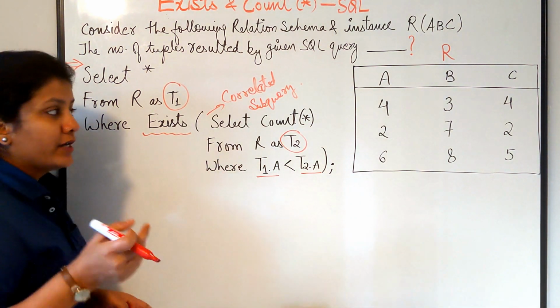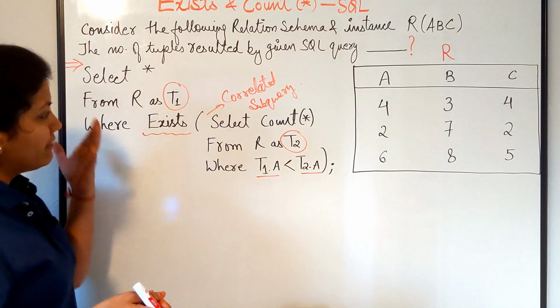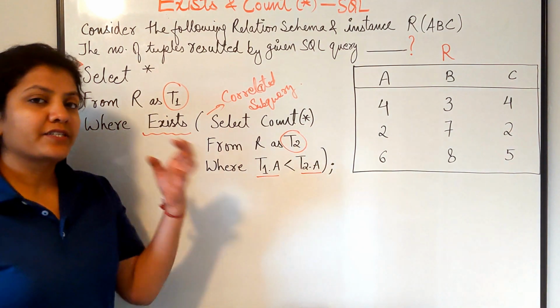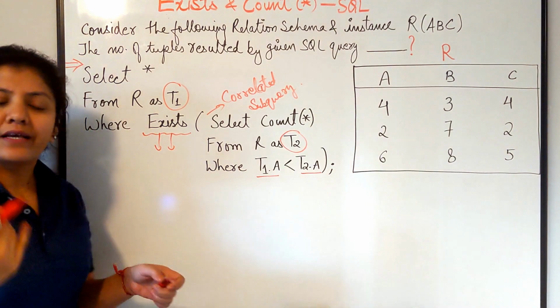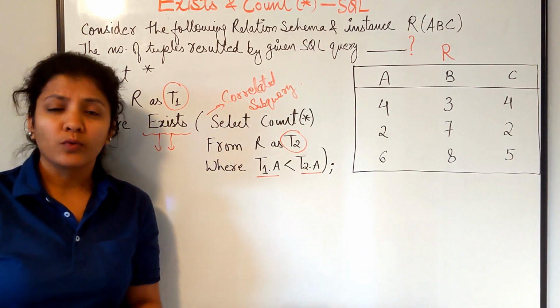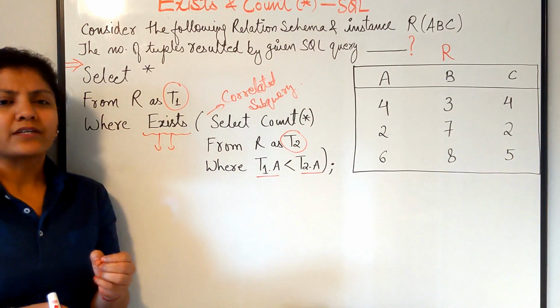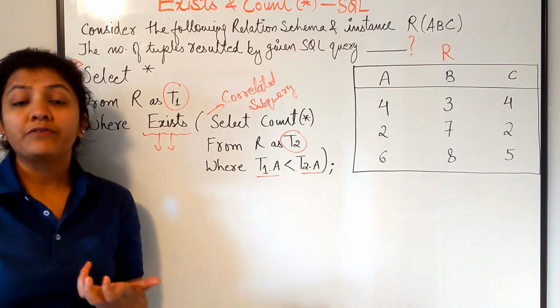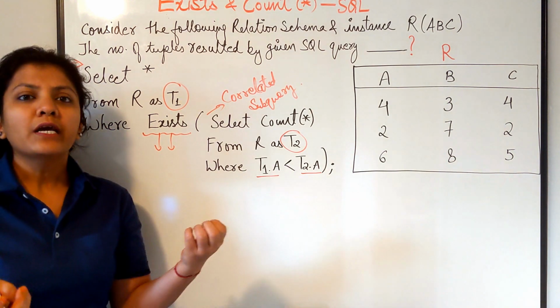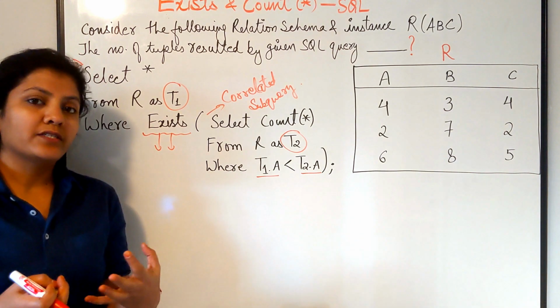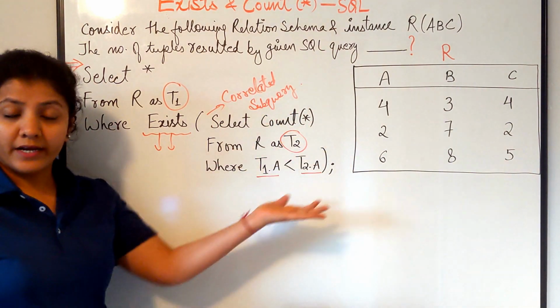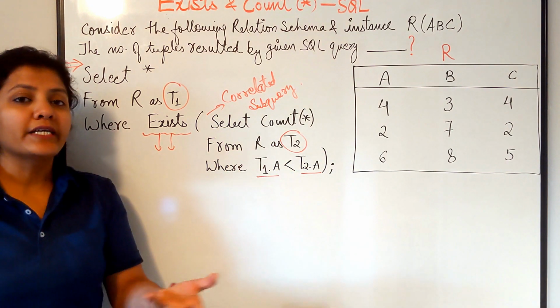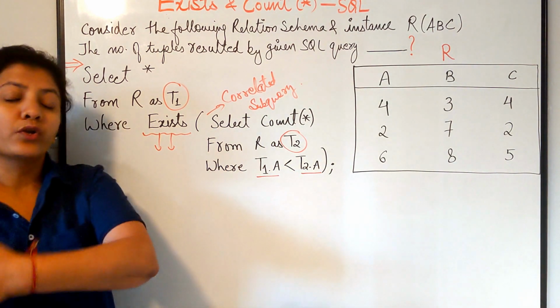Before executing this query, I would like to shed some light on the EXISTS clause. What does EXISTS do? EXISTS is a connective used in SQL to check whether the given inner query results in something empty or non-empty.